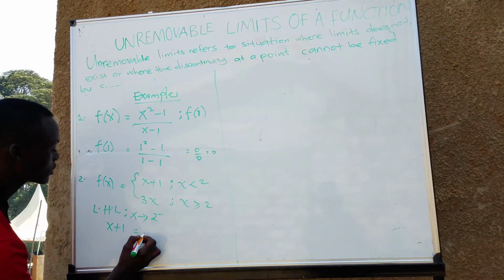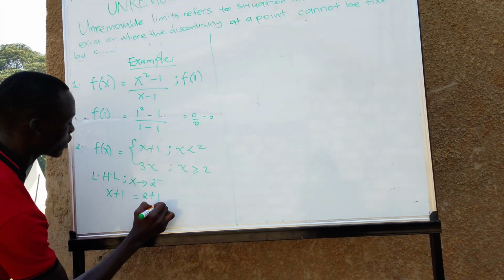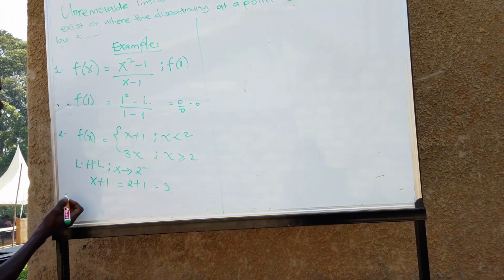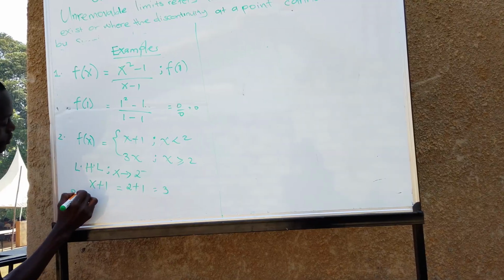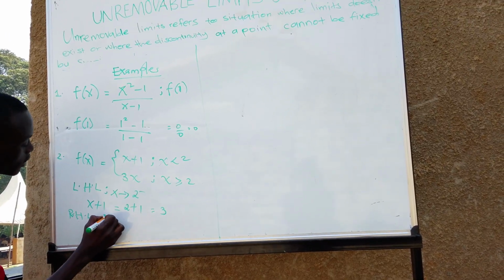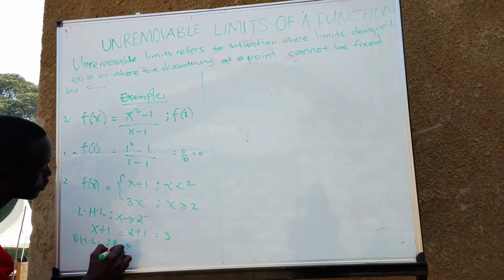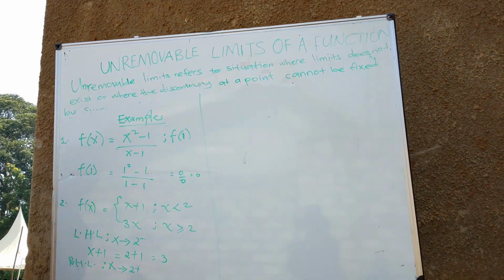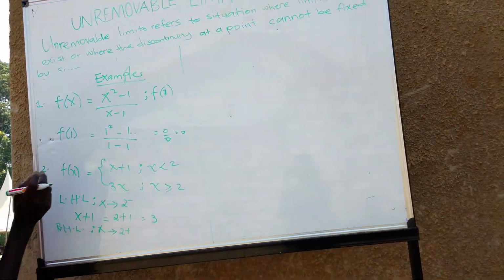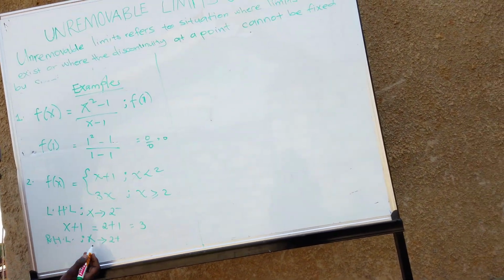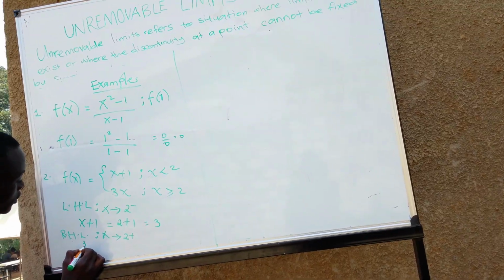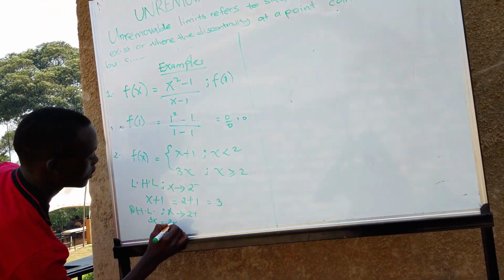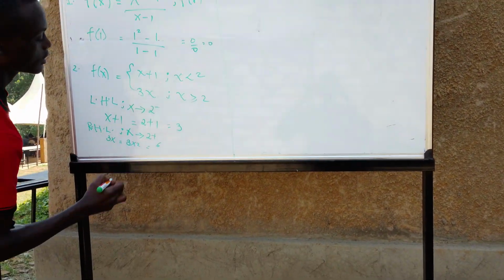This one is the same as 2 plus 1, and the answer is 3. Then the right hand limit, the value of x approaches 2 from the positive side. Then we use our second equation, our second function. That means 3x, which is 3 times 2, and the answer is 6.